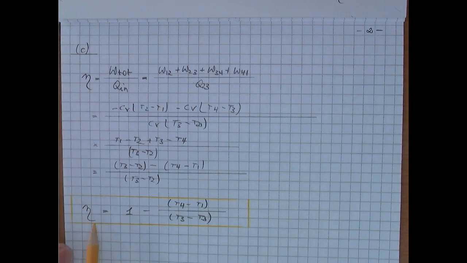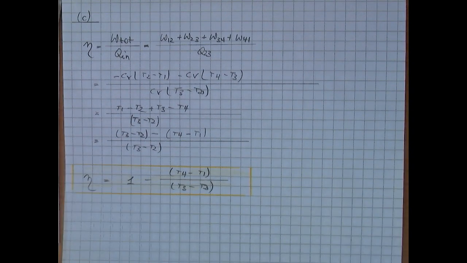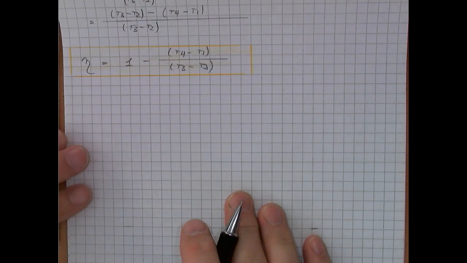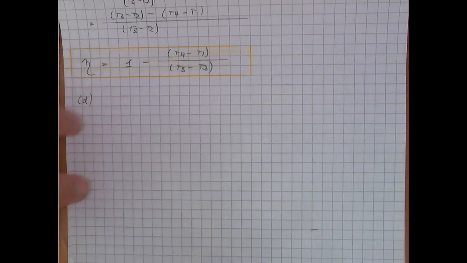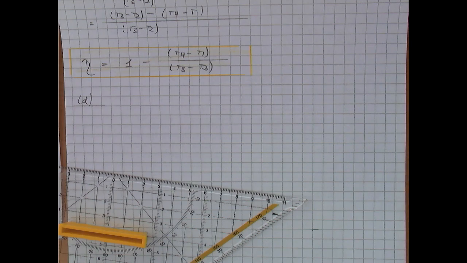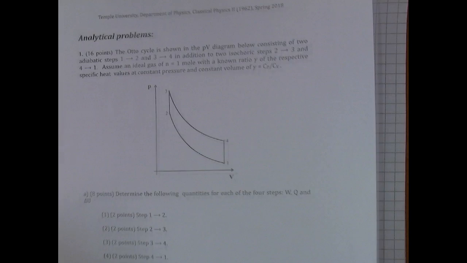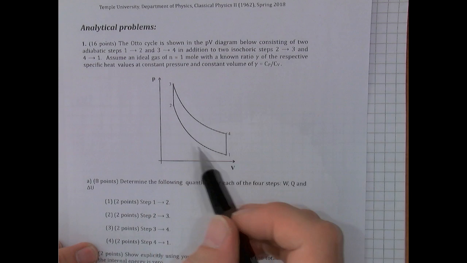But as you can see, you have everything so far now formulated in terms of temperatures. And as I said in class, temperature is not necessarily a quantity which you have access to. But in a regular engine, the two volumes here, V1, V4, are identical, and V2, V3.